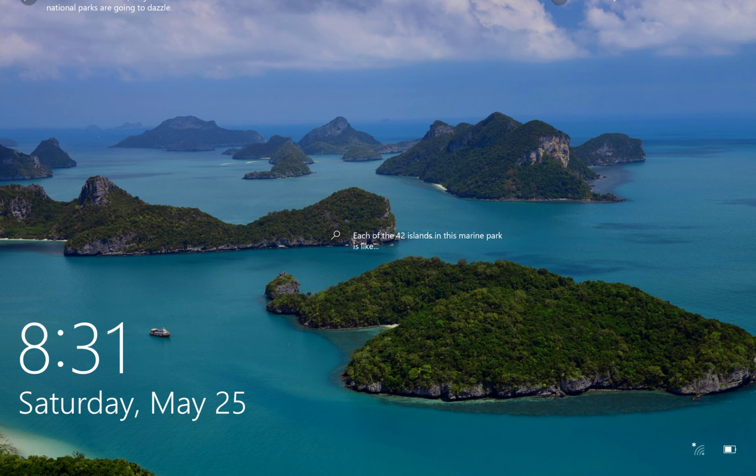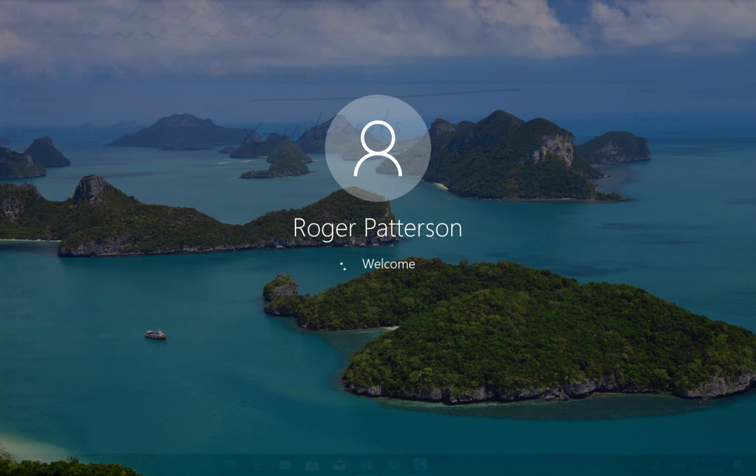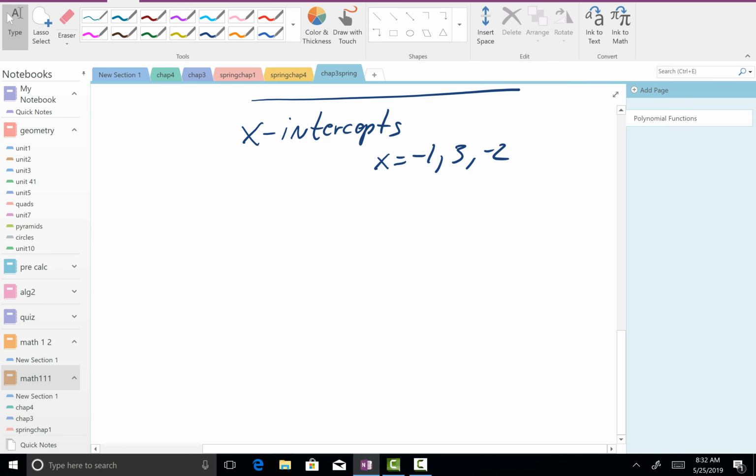Okay, so here's what happened with these. First of all, let's talk about the degree. That's the highest power of the polynomial. If it's written in general form or factored form, it doesn't make any difference.